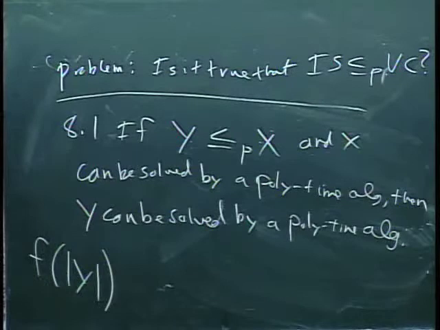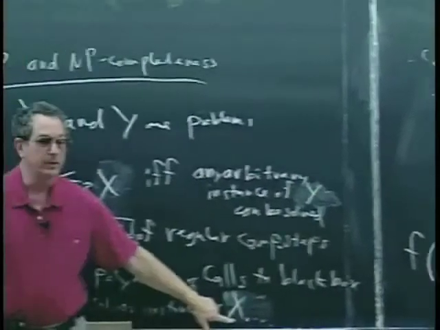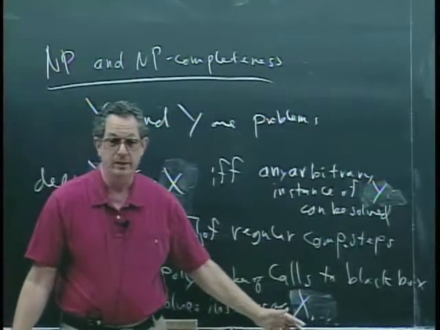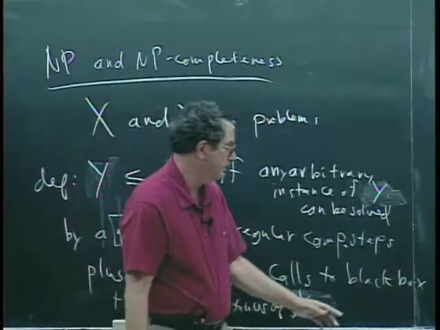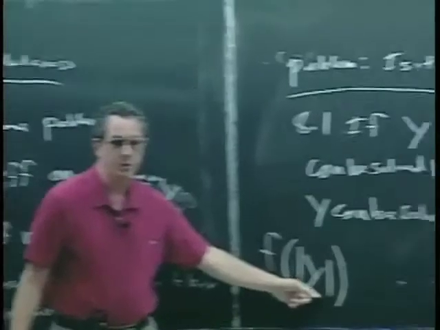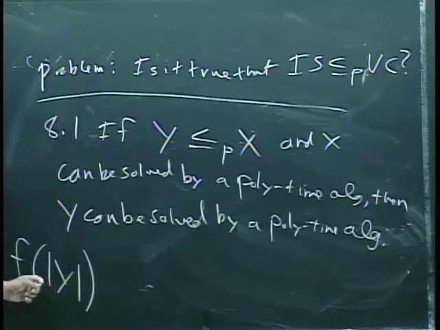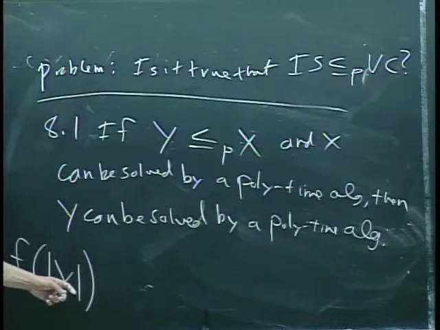And then you're making some calls to a black box that solves x, and its running time is bounded by a polynomial function of its input size. Its input size is not necessarily the input size to problem y. It could be bigger. Okay? But how much bigger? Well, no bigger than the amount of time that was spent to set up the reduction.